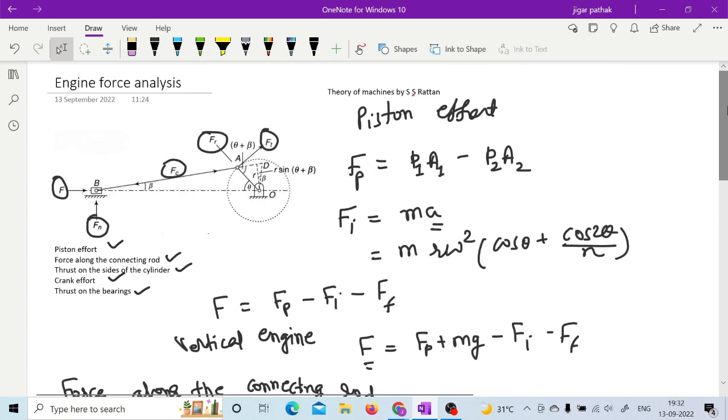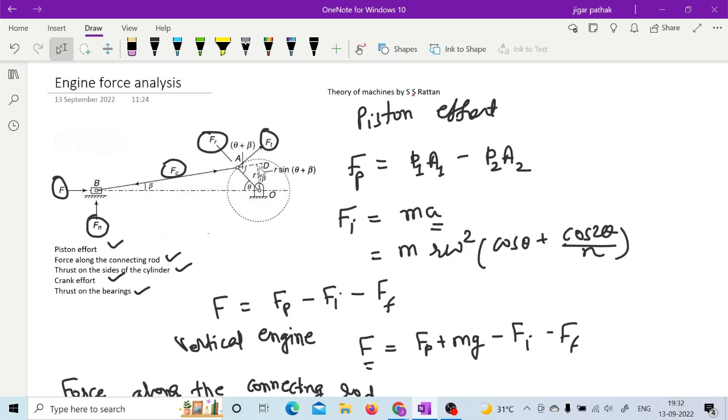So here this Ft into R, right? See here Ft is that force and this R is a perpendicular distance from this particular pivot O. So turning moment due to this Ft will be Ft into R, which will be similar to this Fc into that perpendicular distance from this Fc.